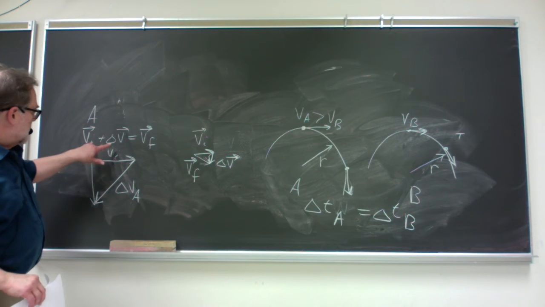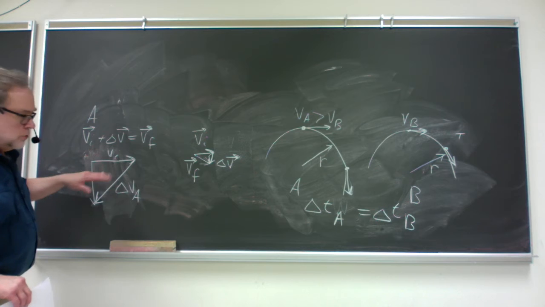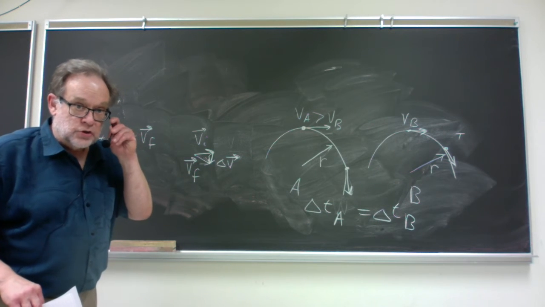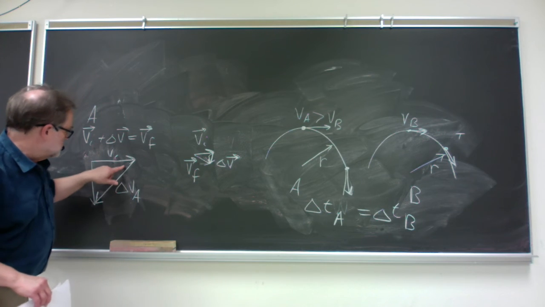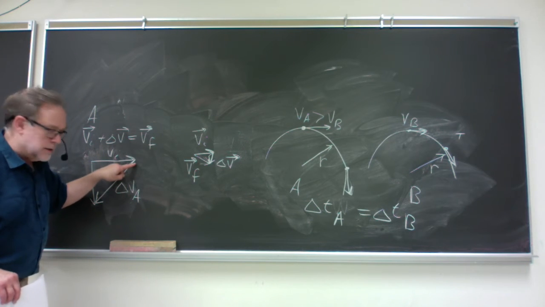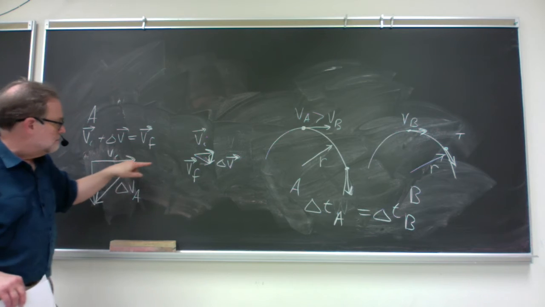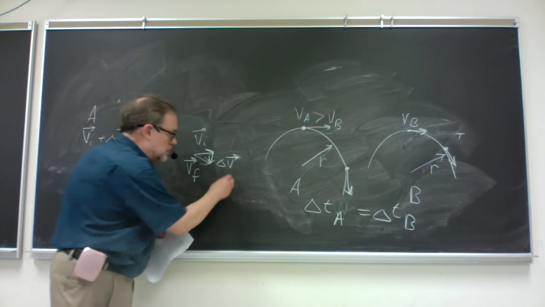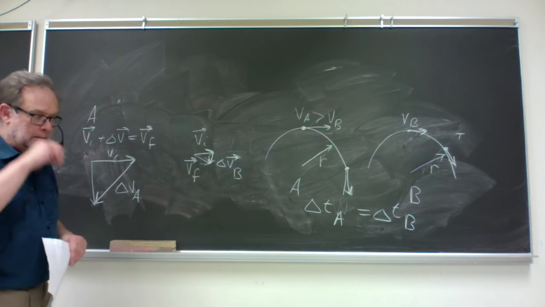So remember, I added delta V to V initial, so those arrows have to be connected tail to tip in the drawing that shows the addition. So there's the tip of V initial connected to the tail of delta V. Here's the tip of V initial connected to the tail of delta V for car B in this case.